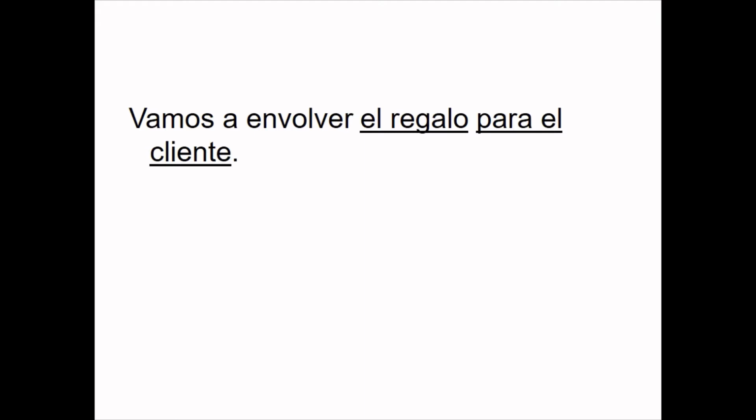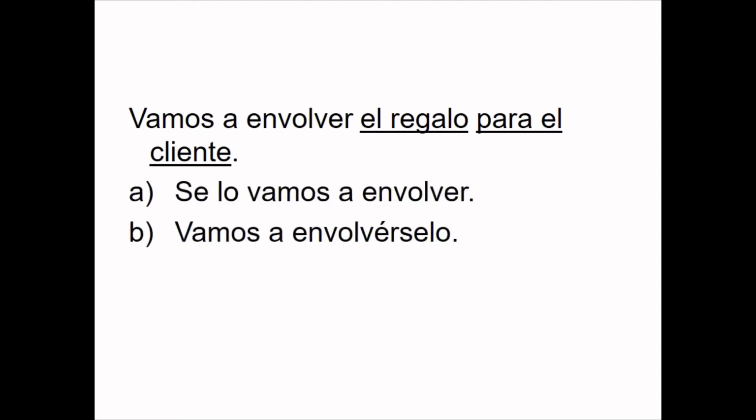Two verbs together and one is in the infinitive. We can place the pronouns in front of the conjugated verb. Se lo vamos a envolver. Or we can join them with the infinitive. Vamos a envolvérselo.